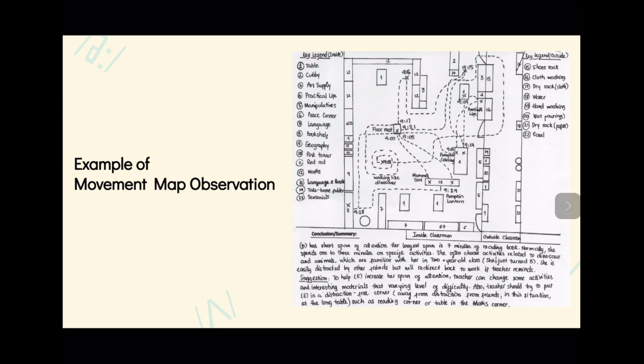So let's come back to the example I mentioned before. In this kind of situation, I think first I will conduct the anecdotal record and movement map observation to see how he moved in the class, what activity he chose, and I can know the sequence or the typical pattern.